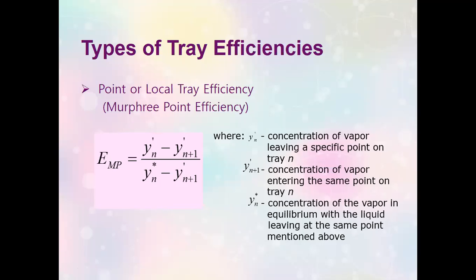So it's all about the point, not just the tray, but rather the point in a specific tray. That is why it's called point efficiency or local tray efficiency.